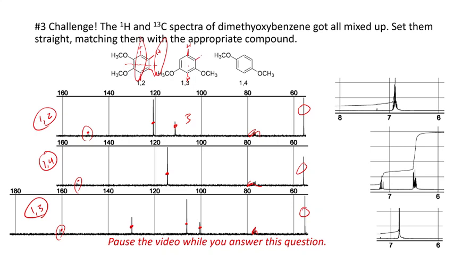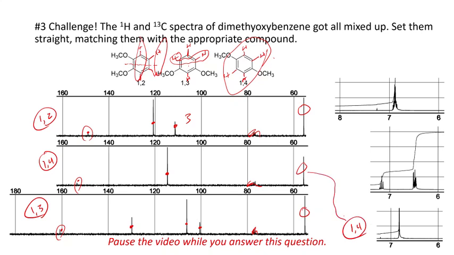Those are different. And then we have two hydrogens flanking those, and those are the same. And then in the 1,4, if you think about it, all 4 of these are identical. So we just have one signal. They're all the same. Well, the 1,4 is particularly obvious, right? Because we have a single signal only in the 3rd spectrum. So this is the 1,4.